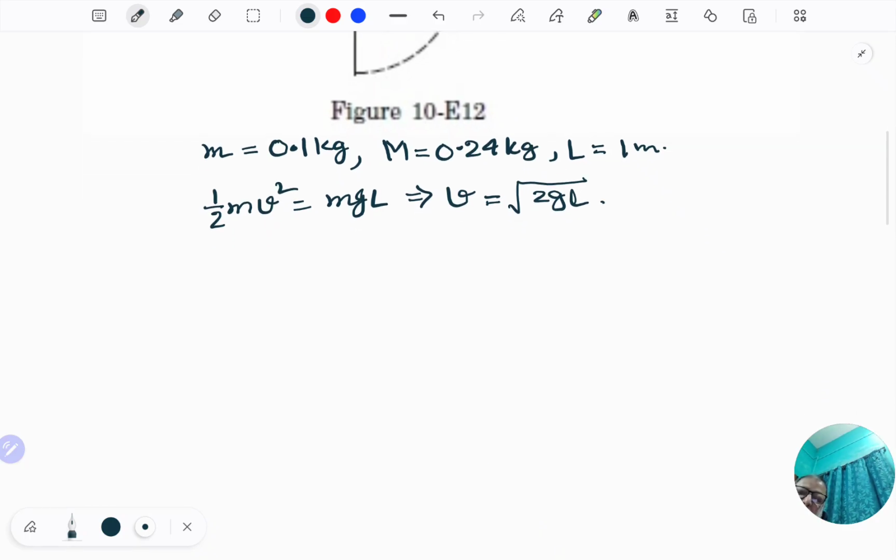Now next comes the application of conservation of angular momentum.